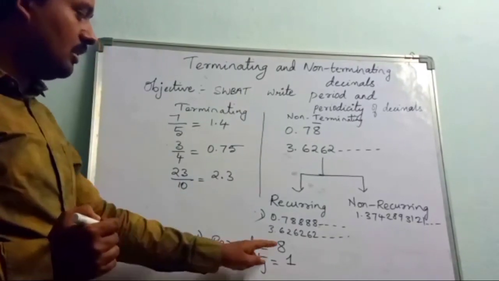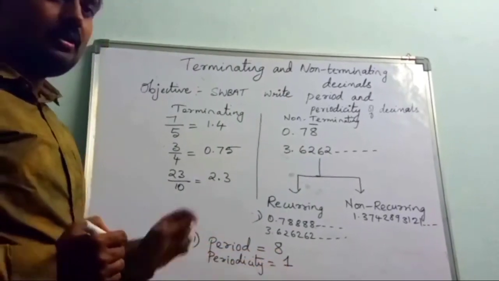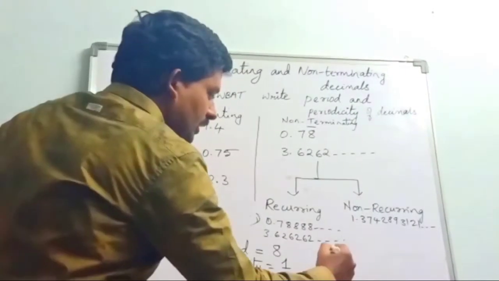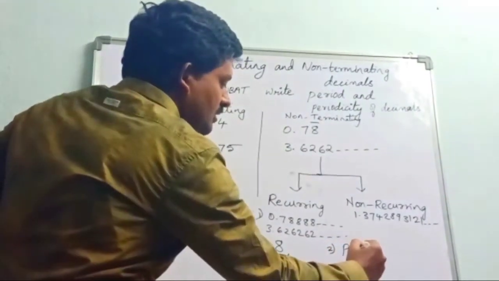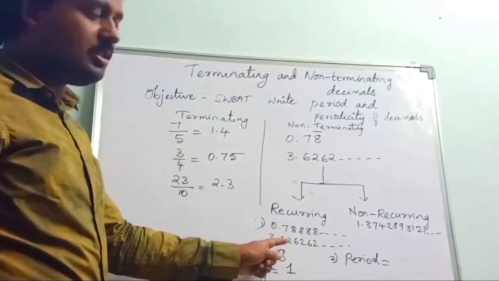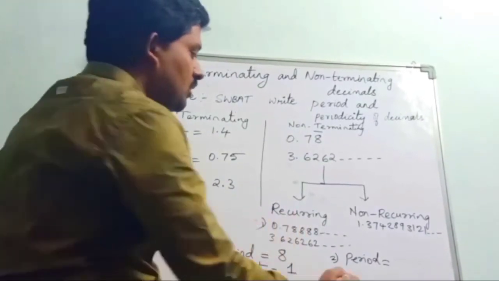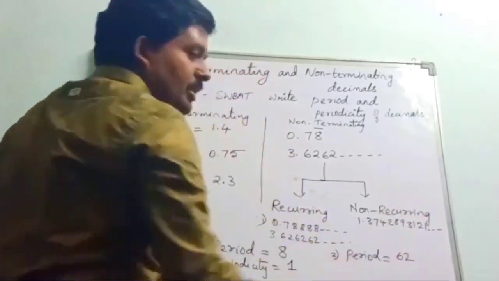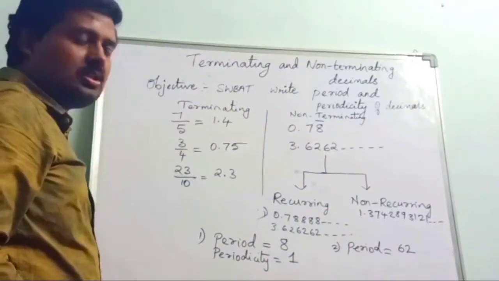Now if you see the second example, can you tell what is the period in this? What are the digits which are repeated? 6, 2, 6, 2. So the period will become 6, 2.